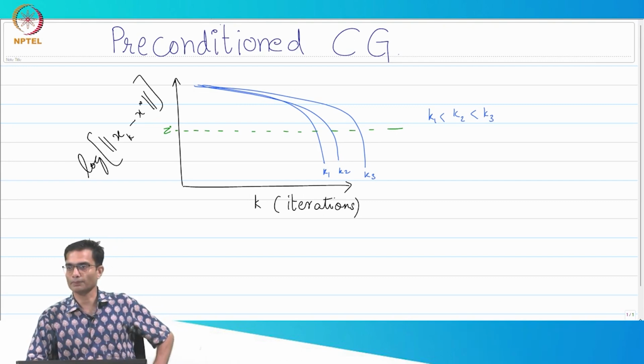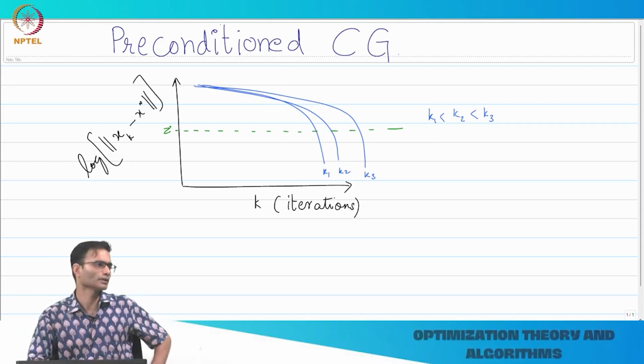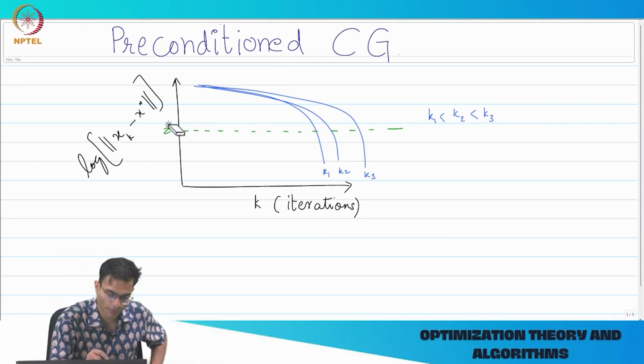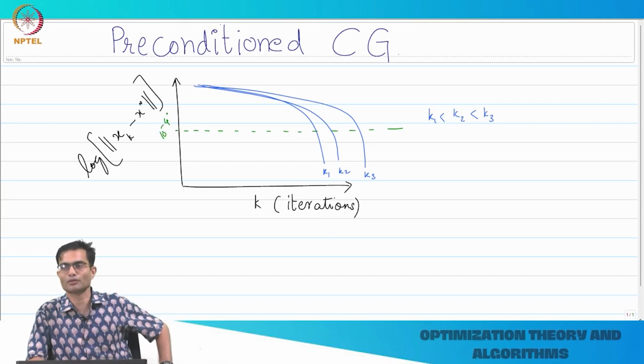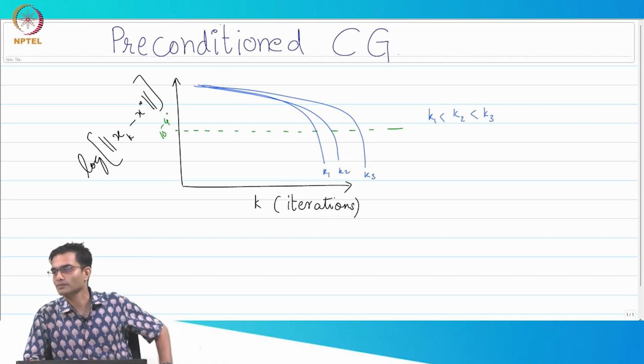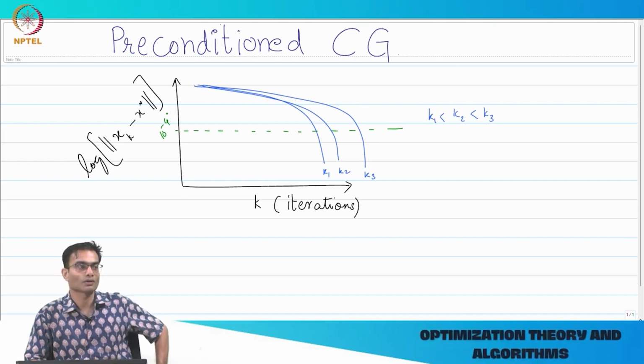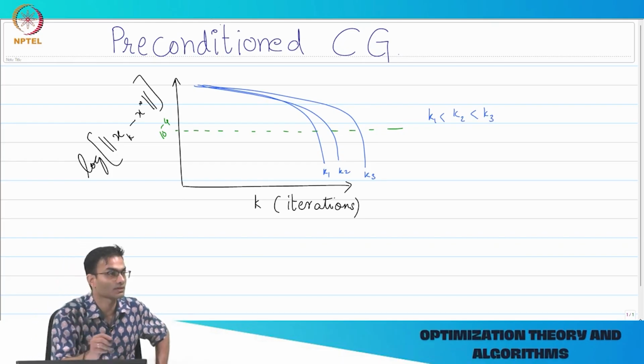I don't want 10 to the minus 16 error; 10 to the minus 4 is good enough for me. So this tau could be, for example, 10 to the minus 4. Now what is our very obvious observation? To get the same error, I need more iterations if the condition number is worse, right?